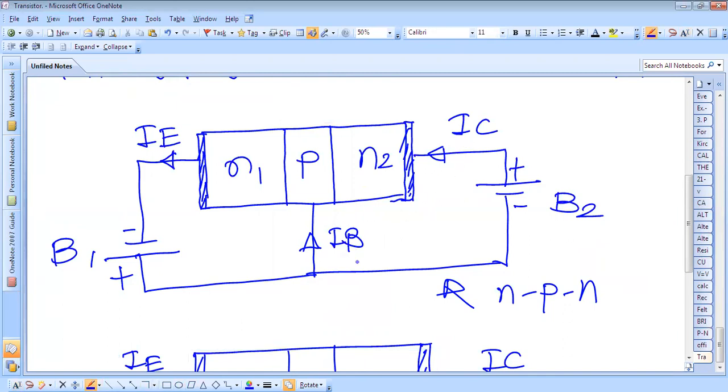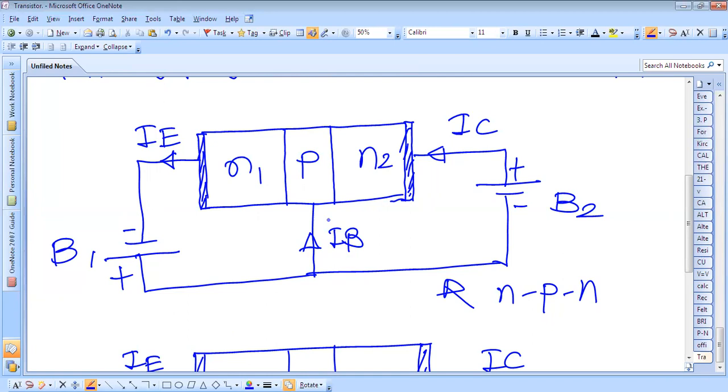Electrons which do not reach the collector end are responsible for the current at the base terminal. Therefore, the distribution of electron flow in the NPN transistor can be represented like this.